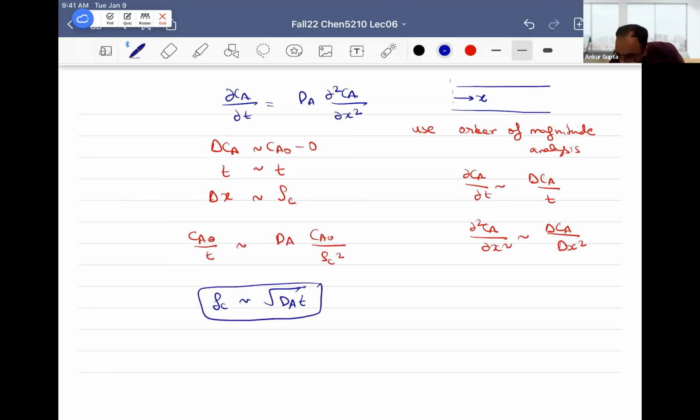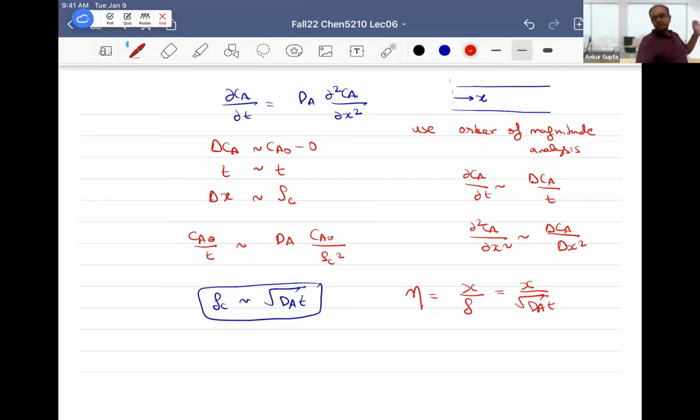Okay, so this proposition then becomes: my eta should be X by delta, or X by the square root of dAT. I propose it to be like this, and this makes sense. As I'm going with time, I'm going further and further, so I'm shrinking down my x-axis such that I'm getting a master curve. So look at this, it is very important.